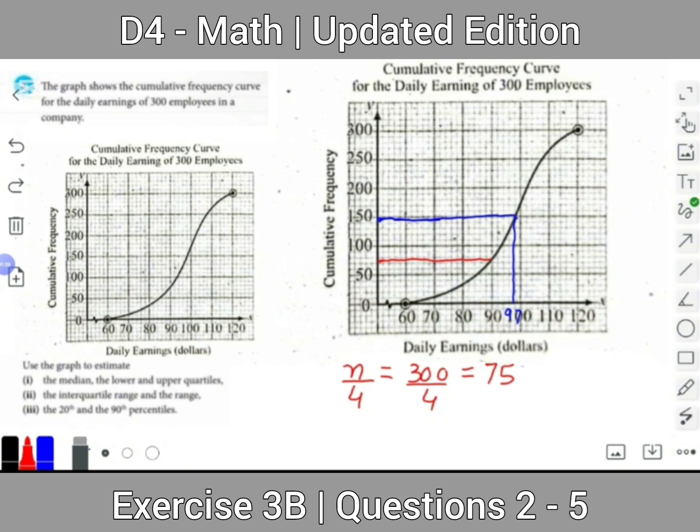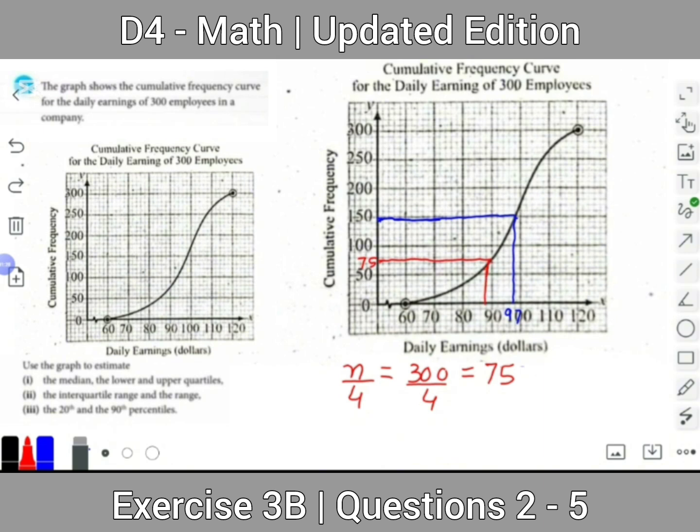Now from the point of intersection on the curve, we will draw a vertical line until it cuts the x-axis. So here we have somewhere like here.